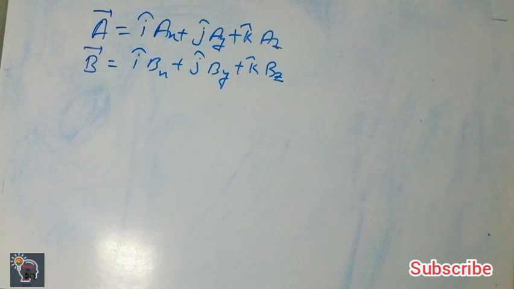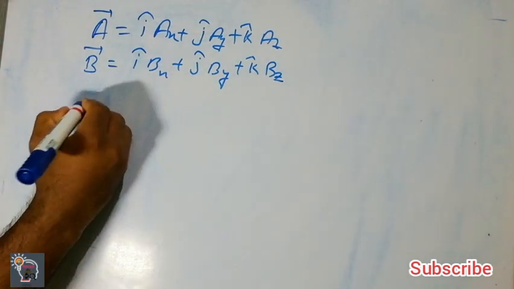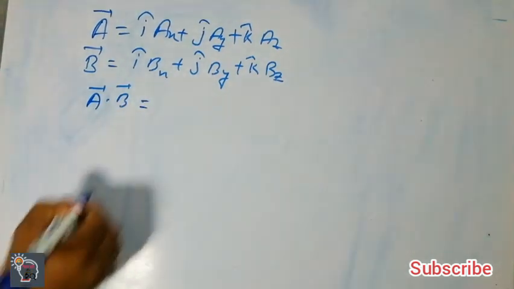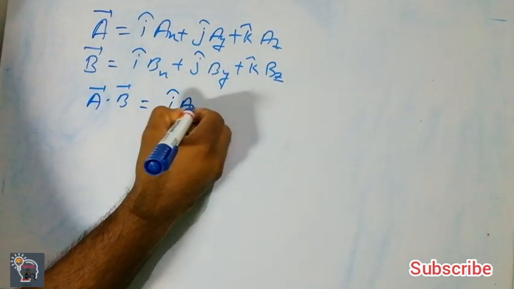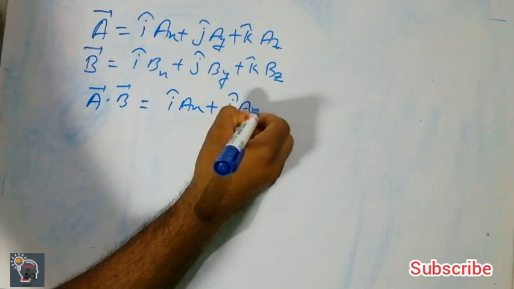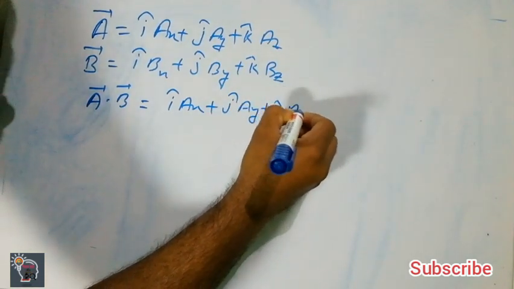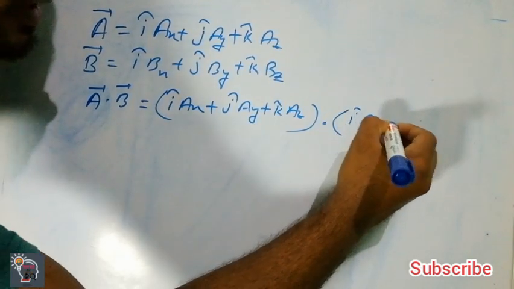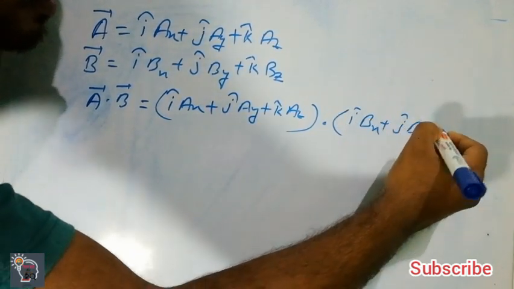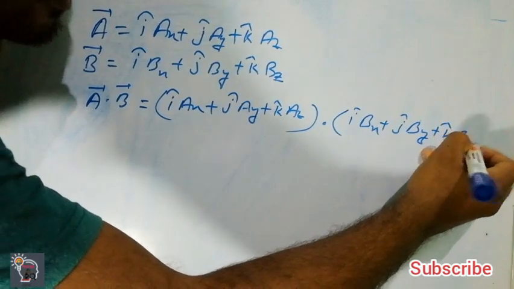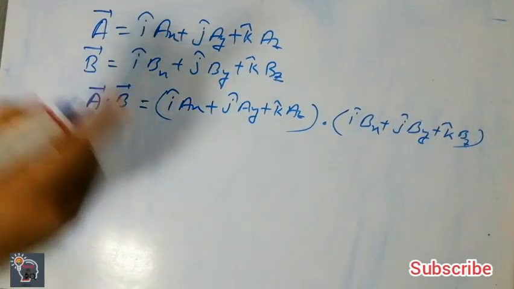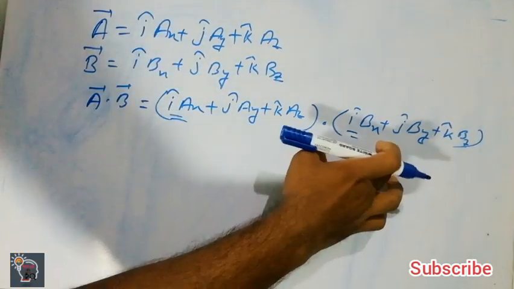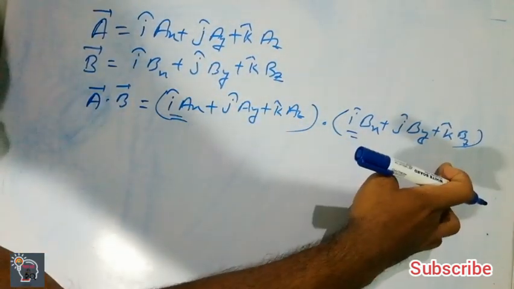So what is the dot product of these two vectors? a dot b is equal to i cap ax plus j cap ay plus k cap az dot i cap bx plus j cap by plus k cap bz. We know that i cap dot i cap is equal to 1, and i cap dot j cap is equal to 0, i cap dot k cap is equal to 0.